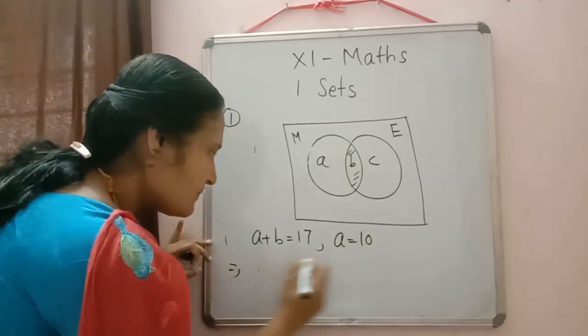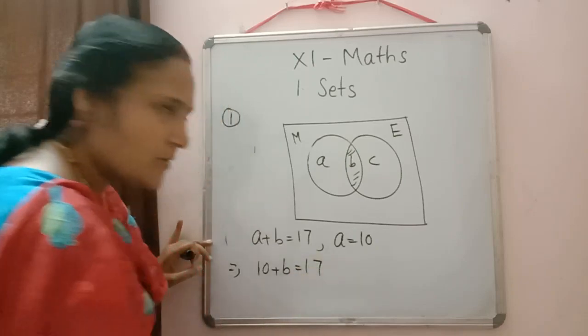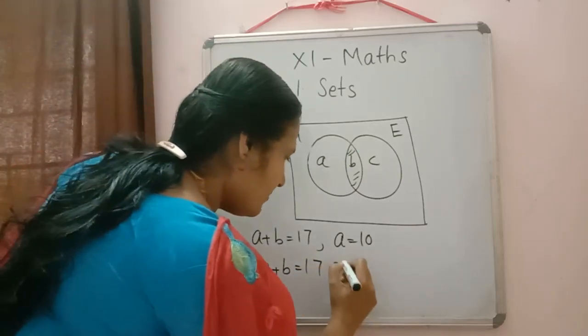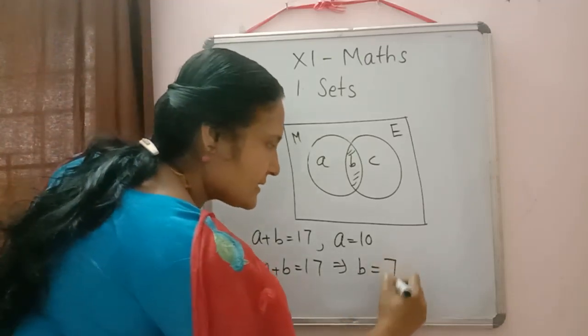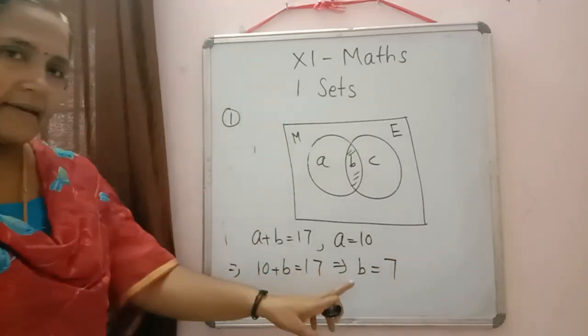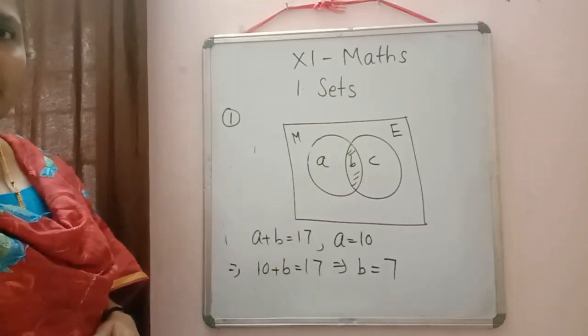Okay. So we can substitute here A is equal to 10. So 10 plus B is equal to 17. So from here what will come? B is equal to 17 minus 10. So that will be equal to 7. So we got B is equal to 7.